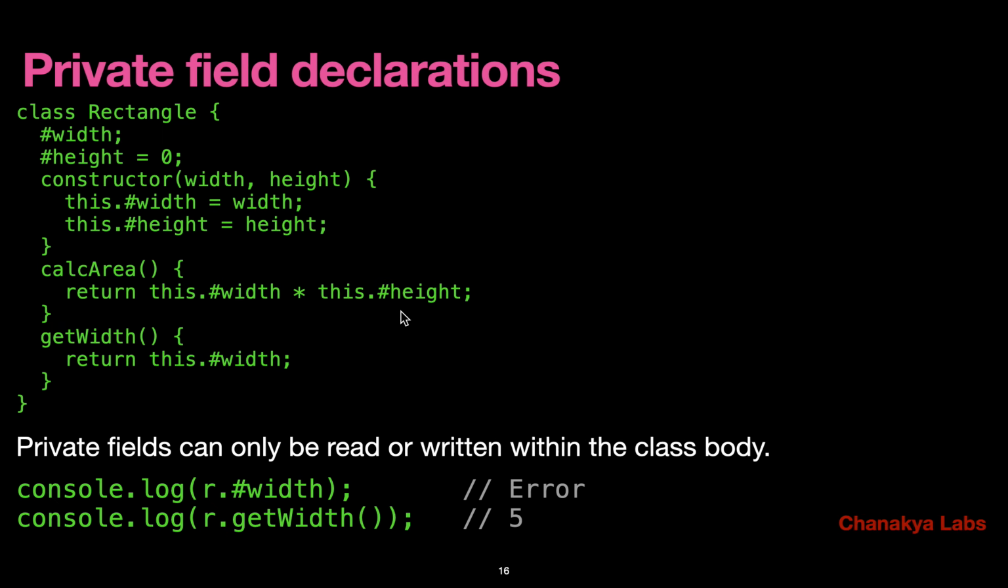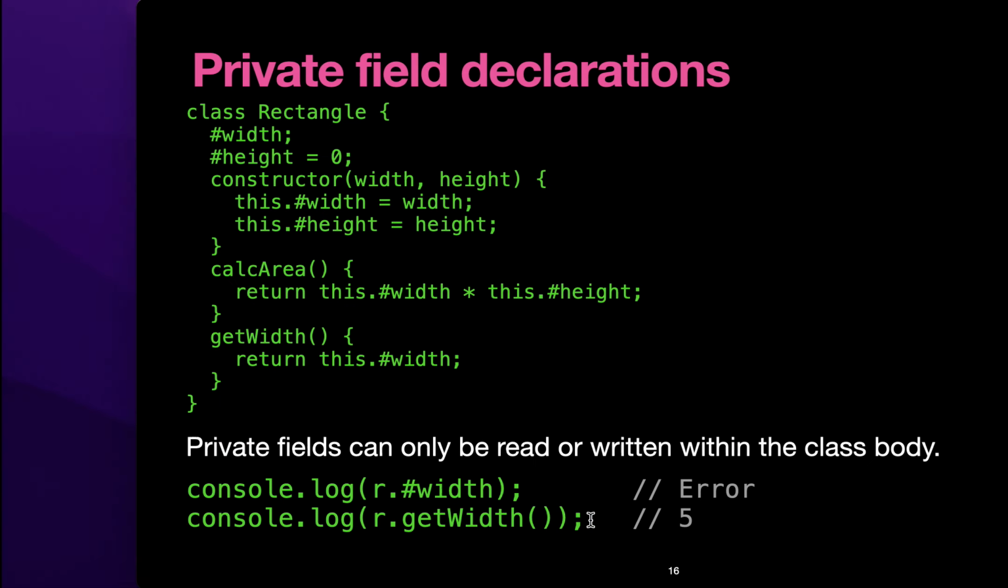That is fine. So this will give you an error, but this will not give you an error, or for that matter, even if you create a getter, then simply like this will also not give you an error.